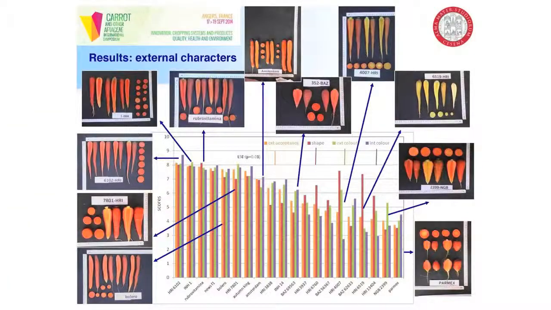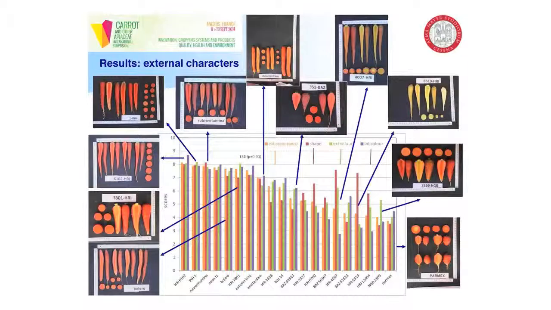We also found in the first position this type that is quite unusual, but when you go to the last position, you find a type that for shape is very similar to this one. Indeed the shape was positively evaluated here, but the color, especially the internal color, was not well evaluated.